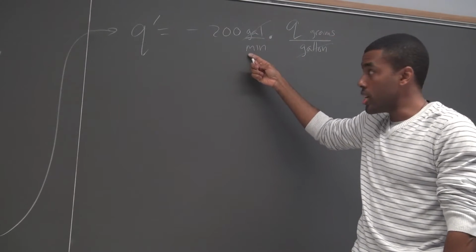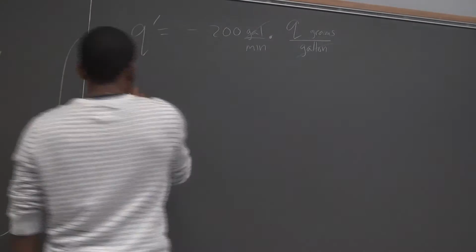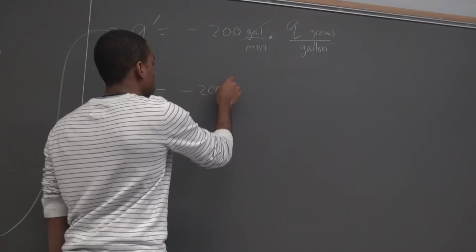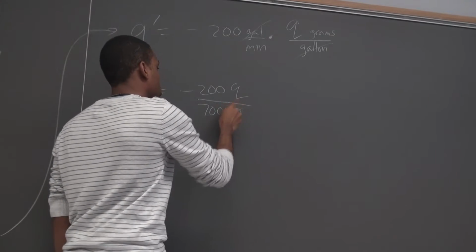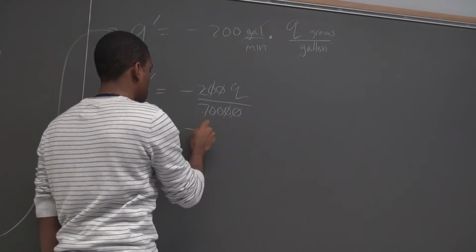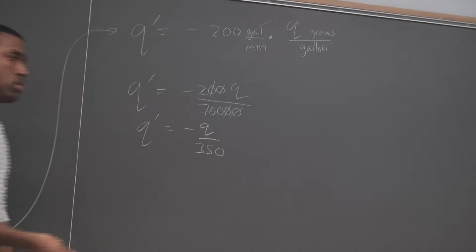And that's the rate of change of dye per minute, right? And so basically you end up having to solve the first order differential equation: Q prime equals minus 200 Q over 70,000. This is separable and you can solve it with this initial condition, because we're thinking of it in grams.